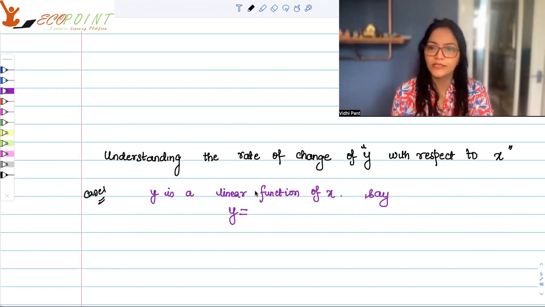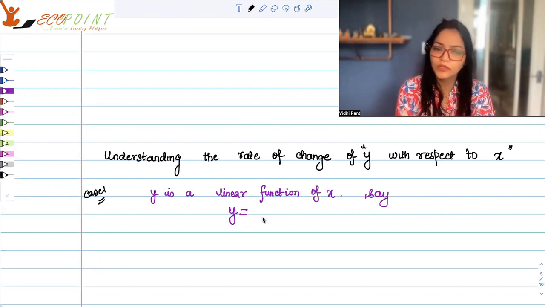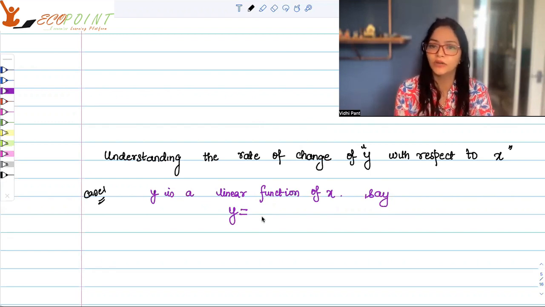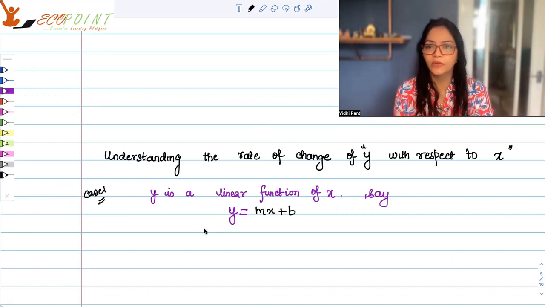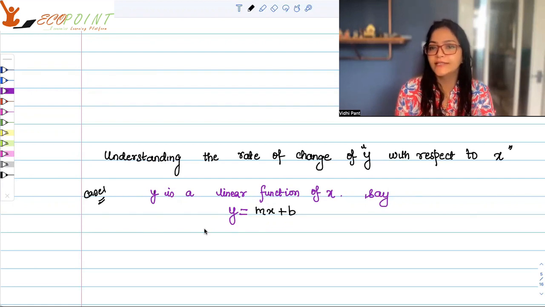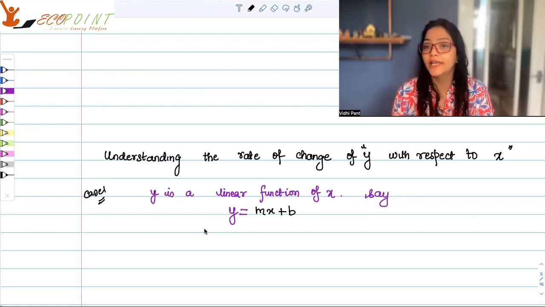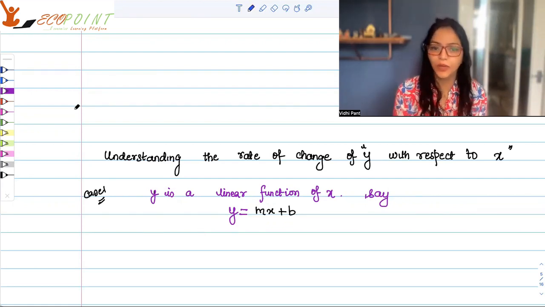I'll take two cases. First is a simple trivial case of a linear function. So suppose you have y in terms of x. Because it's a linear function of x, it will look like mx plus b, the usual notation that we give. Okay. So we would be interested in figuring out how y changes in case I change x. In a linear function, what happens?